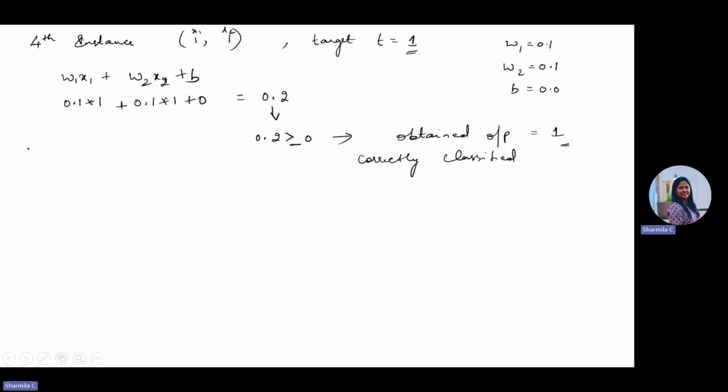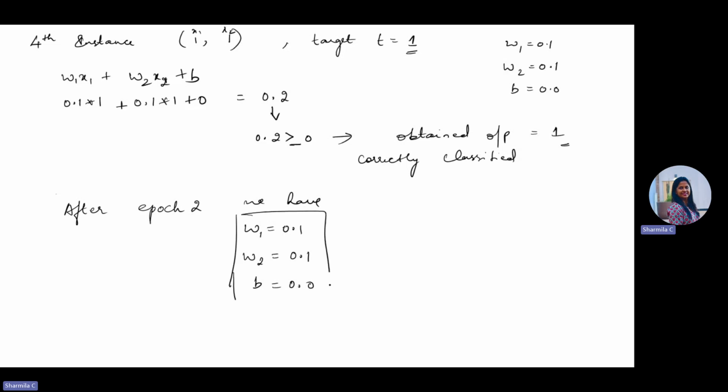So we have considered all four instances, and this completes epoch 2. So we have the weights: W1 equals 0.1, W2 equals 0.1, and bias equals 0.0.